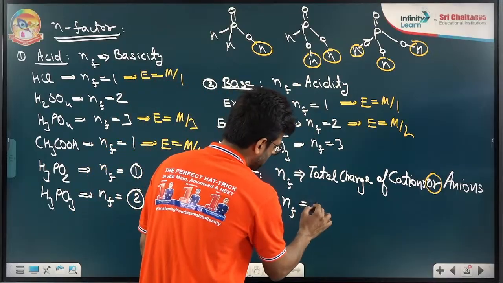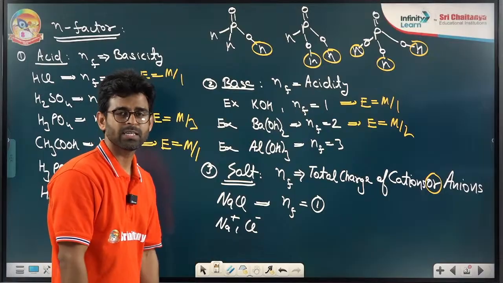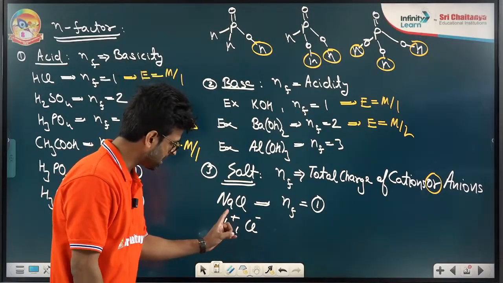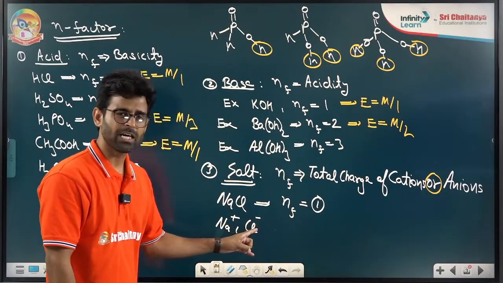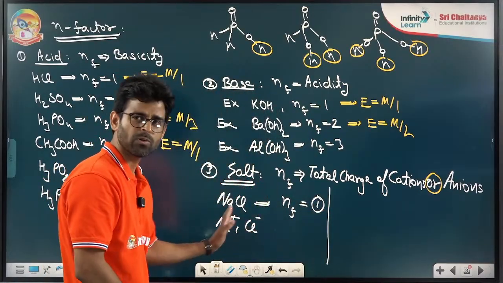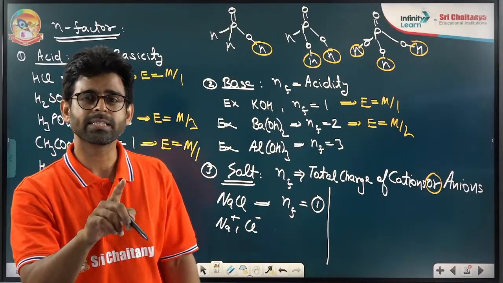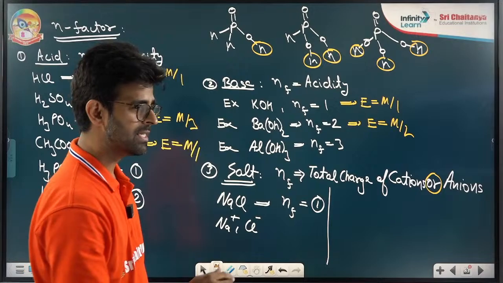So what is the n factor? 1. Plus 1 charge on the cation and minus 1 charge on the anion. So you can take plus 1 or minus 1, the charge of the cation or the charge of the anion. Any of these is okay, right? Clear?